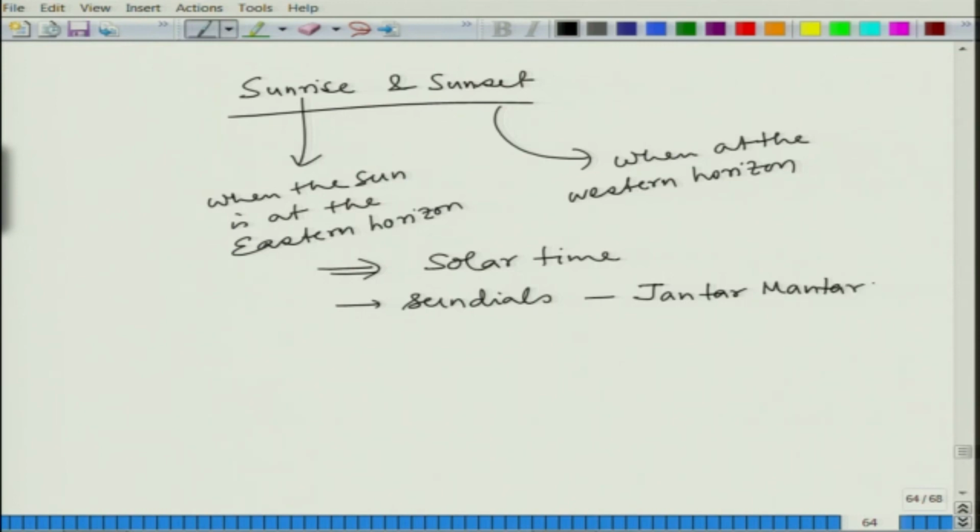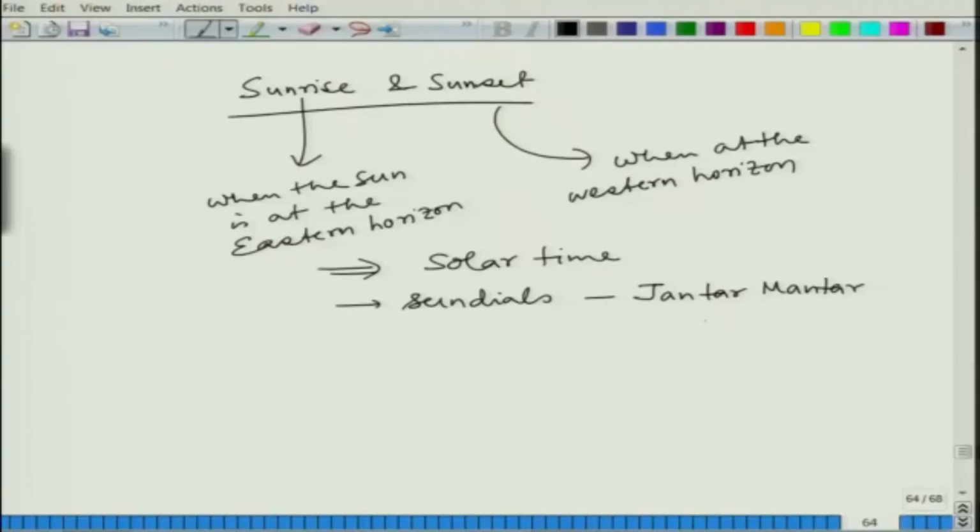I guess a lot of you have visited it. If not, you should, because then you can appreciate how, before there was a watch, people could very accurately find out time. And Jantar Mantar you can find in Delhi and Jaipur.